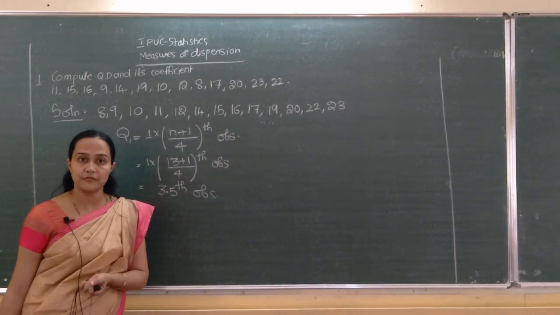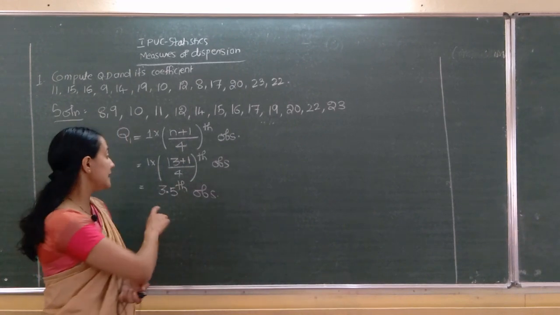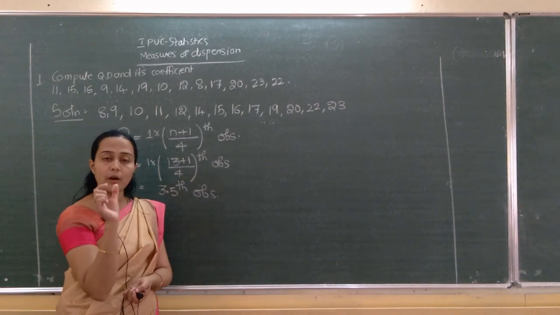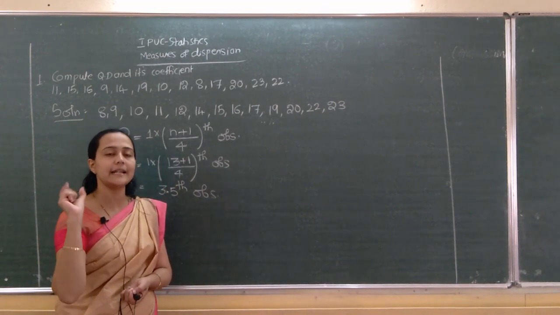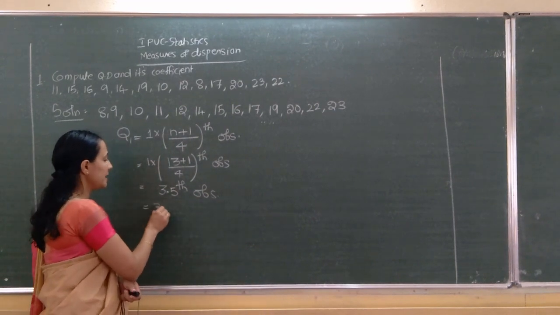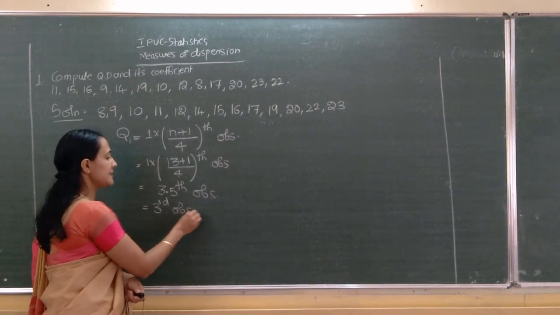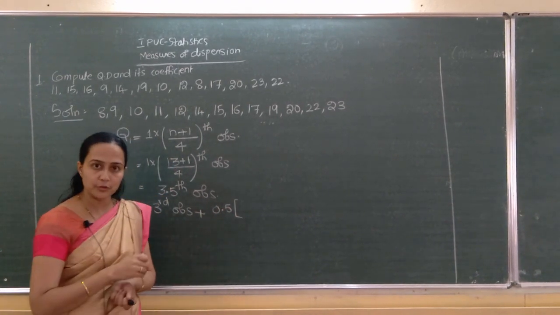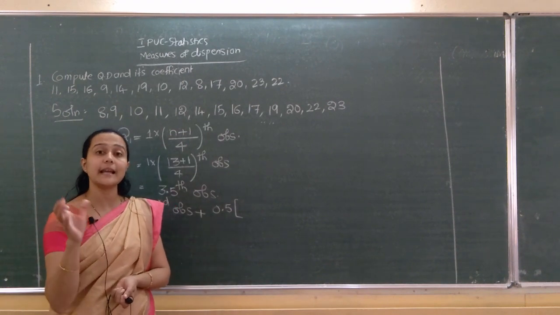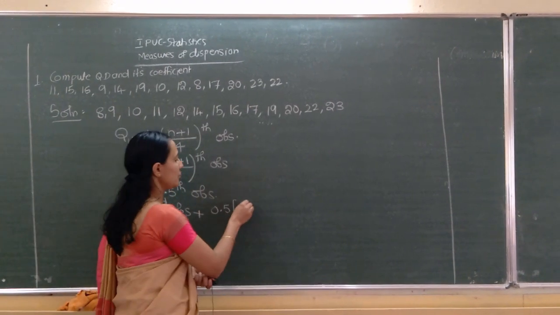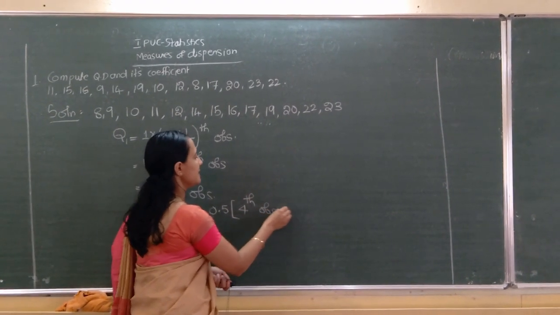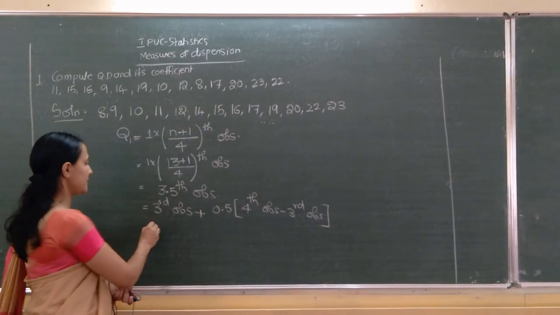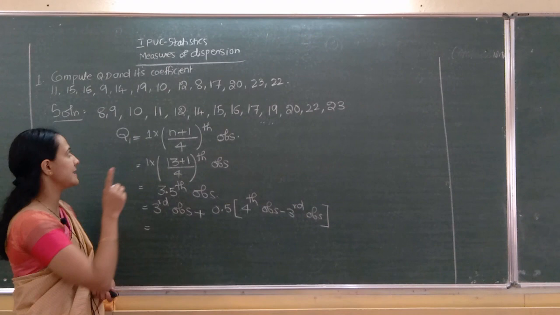That is the third observation plus 0.5 times the difference, since 3.5 is a value in between 3 and 4. So it is the third observation in the arranged series plus 0.5 into the fourth observation minus the third observation.